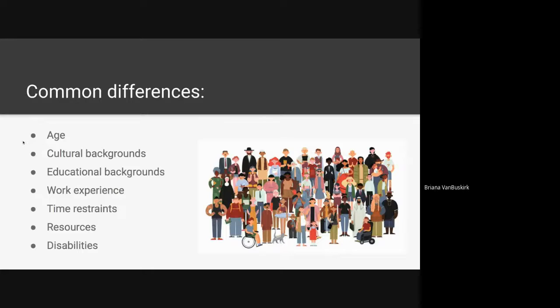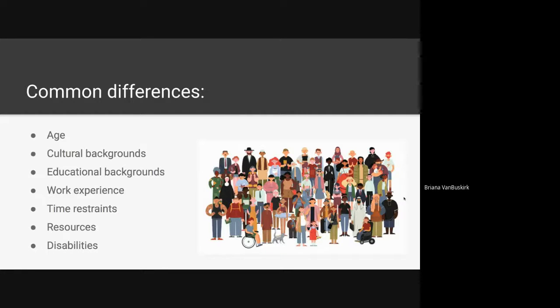In general, some common differences that we see in our students are age, cultural backgrounds, work experiences, time restraints, resources, and disabilities. A lot of times when you think of UDL and accommodating different learning needs, a lot of people think of disabilities and changing their class so that it's ADA compliant.